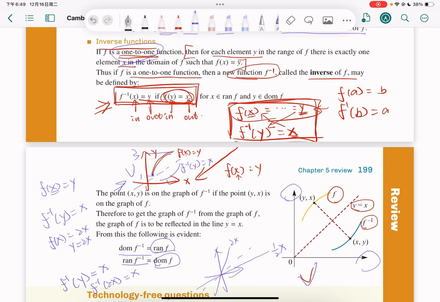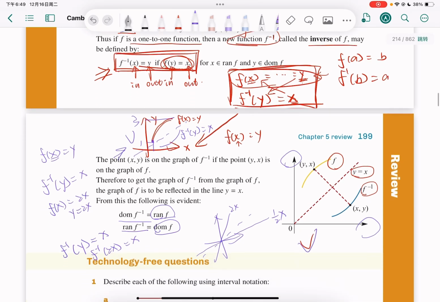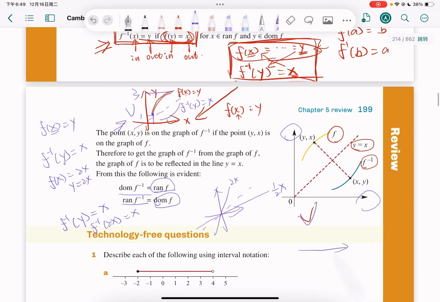And that's not very clear from here. Maybe let's draw another one. If I have a curve like this, and I do a symmetry, I get another curve like this. So this one, for example, 1, 2, 3, and this one is 2.